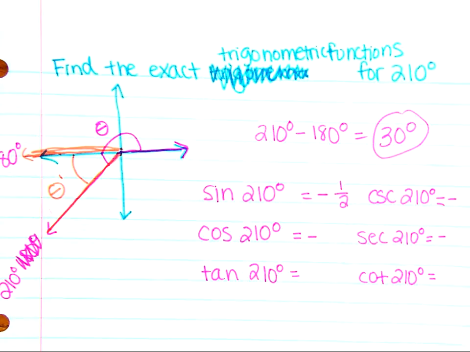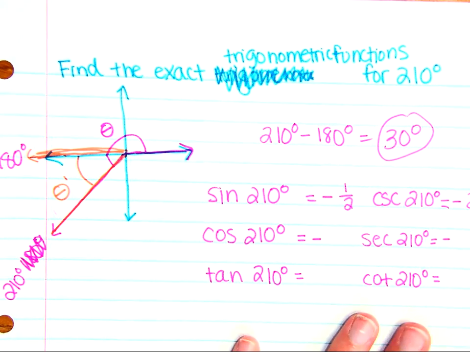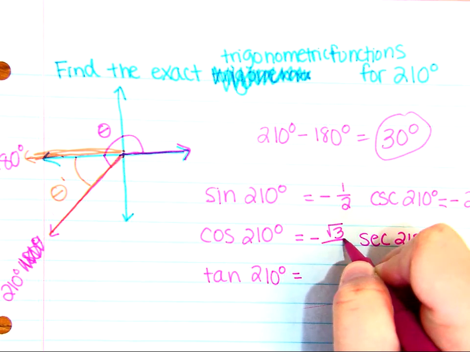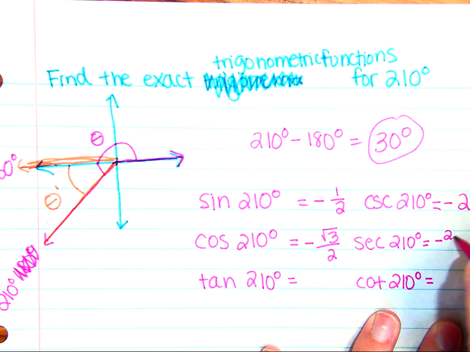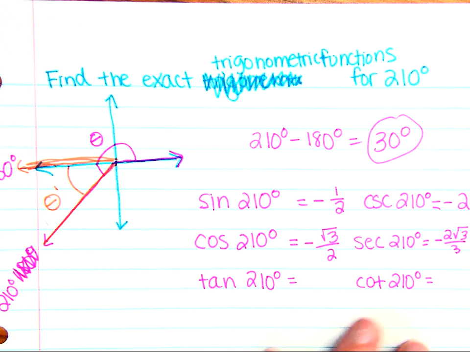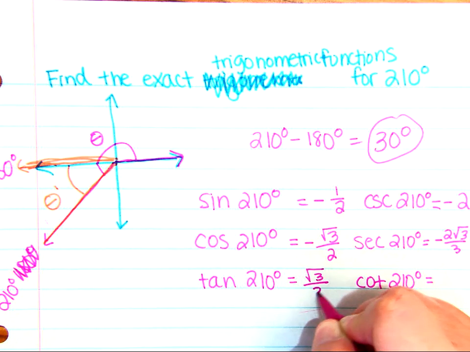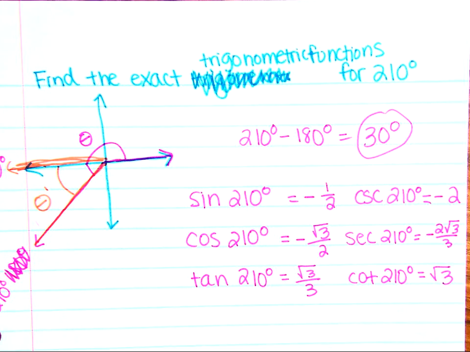The cosecant then is -2. Cosine is negative square root of 3 over 2. Secant then is -2 square root of 3 over 3. Remember, this is directly coming off of that chart. Tangent is square root of 3 over 3, and then cotangent is square root of 3. And you would be done.